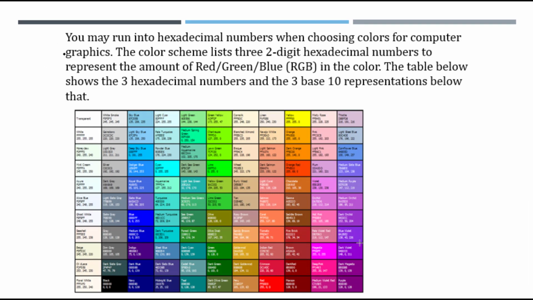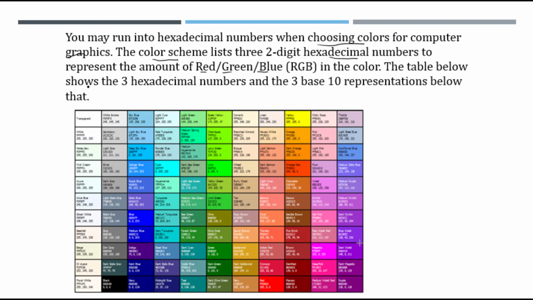So you actually may run into these hexadecimal numbers when choosing colors for computer graphics. The color scheme lists hexadecimal numbers to represent the amount of RGB, red, green, blue. Each of these colors is some kind of combination of red, green, and blue.